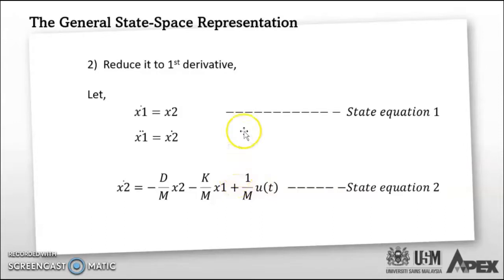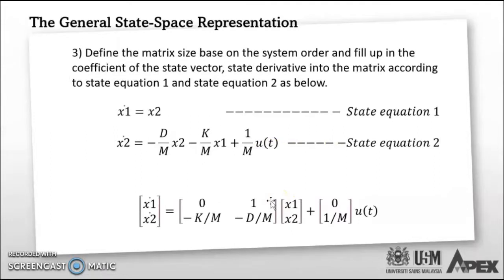So from here we got state equation 1 and state equation 2. Once we've done that second step, we need to define the matrix size based on the system order and fill in the coefficients of the state vector, the state derivative, into the matrix according to state equation 1 and state equation 2 as below.